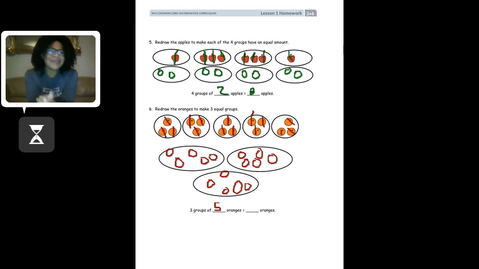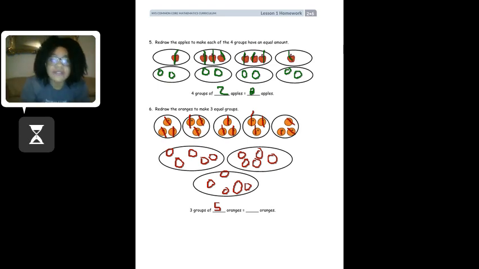There's 3 groups of 5 oranges equals how many oranges? Well, I could sit here and count them individually, but I'm going to use some quicker math because there's 5 in each group. So if I do 5 plus 5 for my first 2 jugs, that's 10. And then if I do 10 plus my last jug of 5, that's 15.